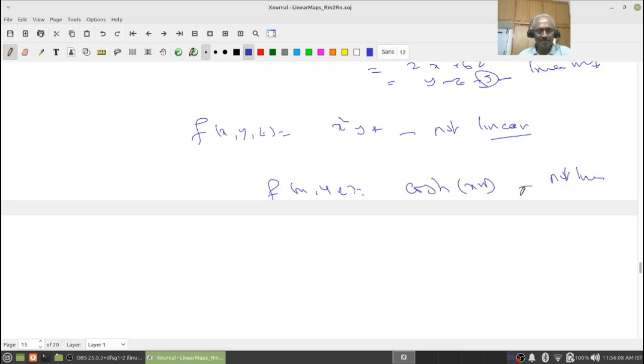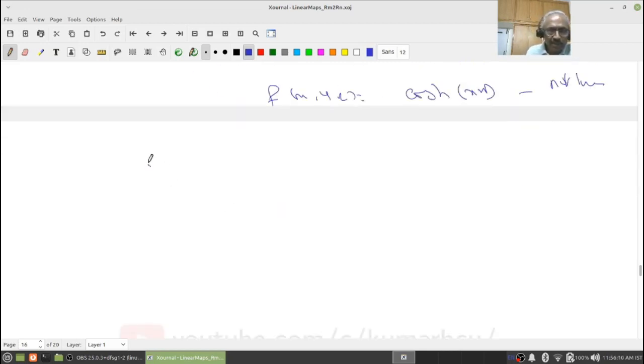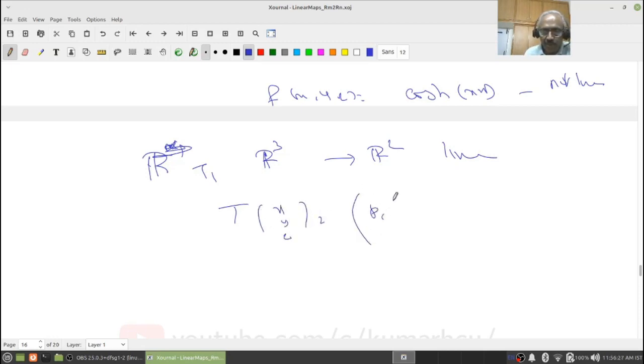See, so easy, right? Now suppose I want you to give me a linear map T from R3 to R2. How will I give it? Remember, we know T of x, y, z must be P1 of x, y, z and P2 of x, y, z, because P1 is your T1, the first coordinate. This must be a first degree polynomial in x, y, z, and this must again be a first degree polynomial in x, y, z with zero constant term.